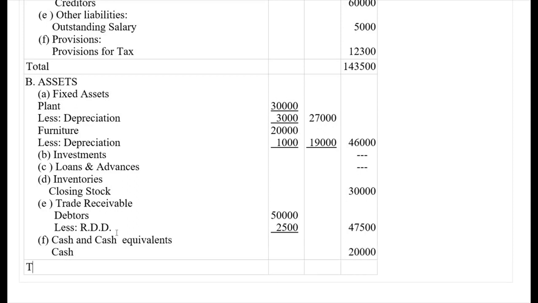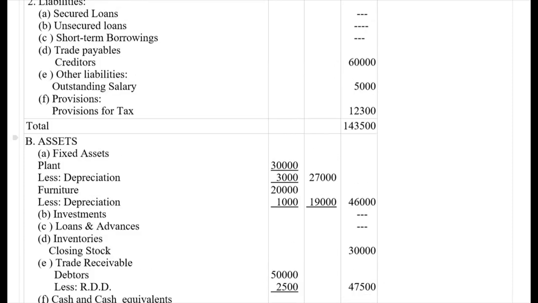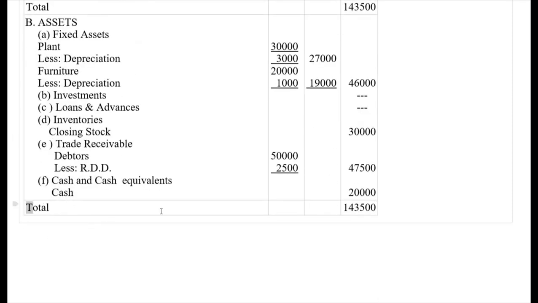So now let's take the total of this here. So 46,000 plus 30,000, 76,000, plus 20,000 plus 47,500, which comes to rupees 1,43,500. So this is the answer here. So let me make the things bold here so that it is very clear and visible.